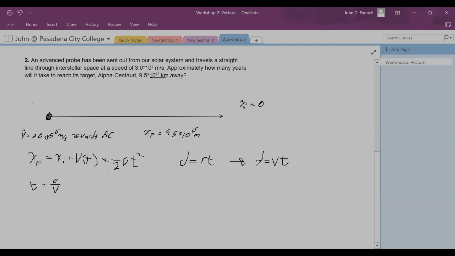Okie dokie. Approximately how many years? So we're going to need to do a little conversion in the end here, but let's quickly punch this out on a calculator. I'm going to grab my actual calculator, a TI.